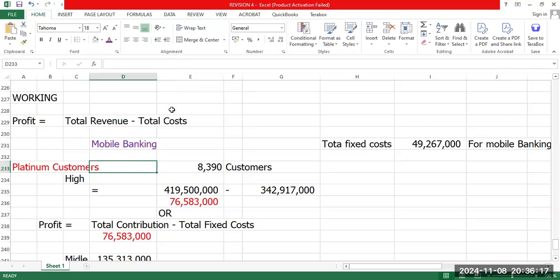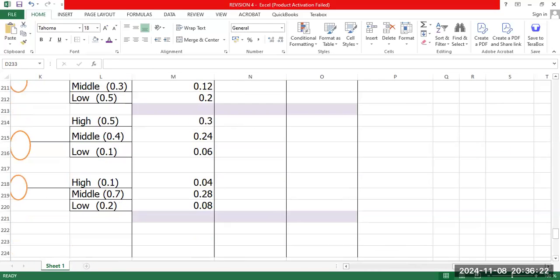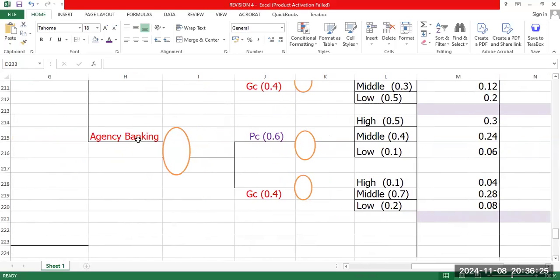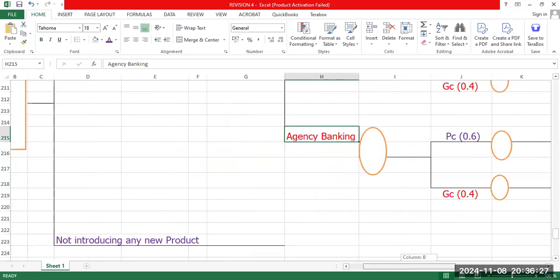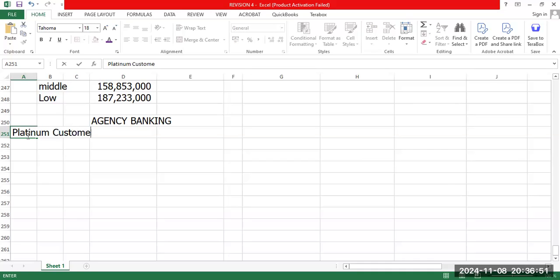You do the same, because based on the information we also need to handle agency banking. We need to get the profit. So you also go ahead and handle agency banking. Still the same: under agency banking you have platinum customers.